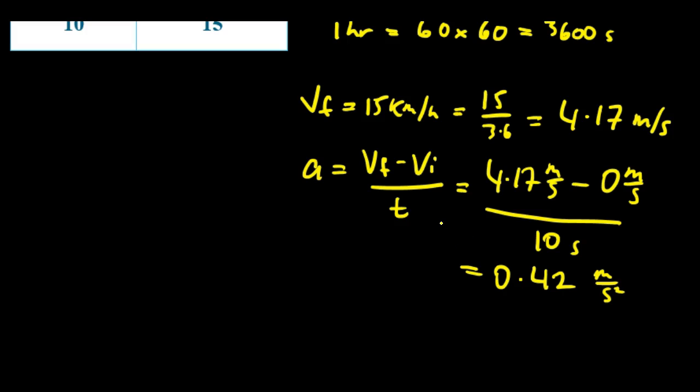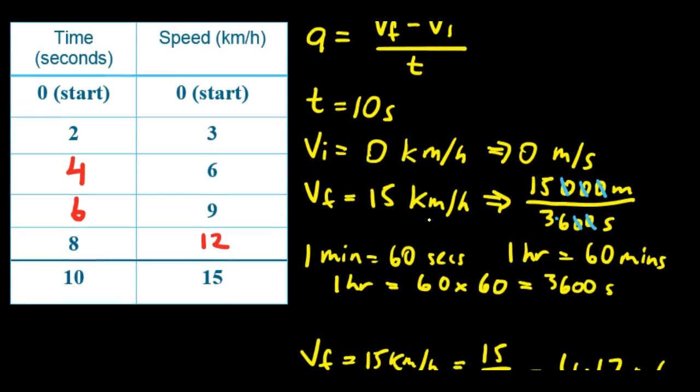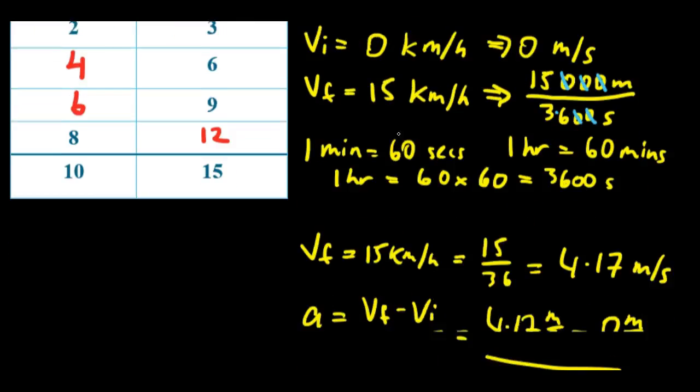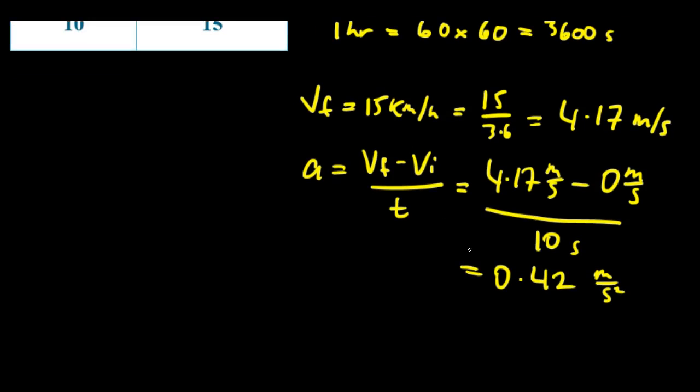Final acceleration being 0.42 meters per second squared. Taking from this particular table, at the start, time 0, it was 0 kilometers per hour. At the end, 15 kilometers per hour over 10 seconds, so we found the acceleration to be 0.42 meters per second squared.